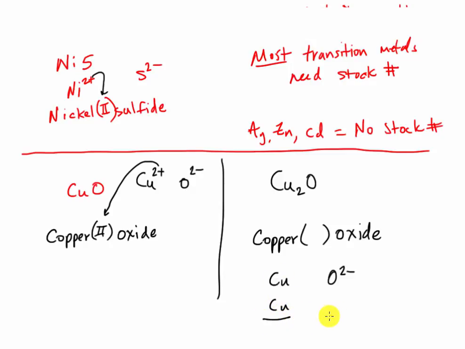This needs to be balanced, so we need to have a 2+ here to balance out my oxygen. If I distribute the charges, what will each of those coppers have for charge? Hopefully you know, +1. So my charge on each of those coppers is a +1. Again, it tells me the charge of my ion. That's the function of the stock number.